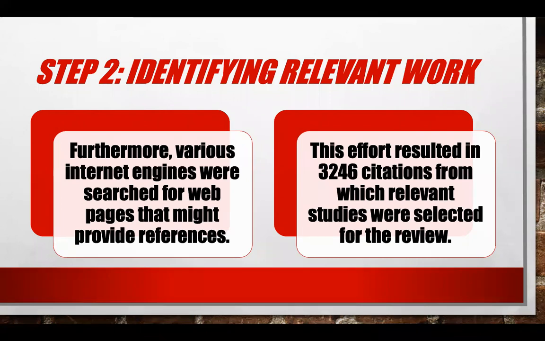This effort resulted in 3,246 citations from which relevant studies were selected for the review. So this is how you put the criteria of how you have identified the relevant work, what the total number of searchable items was if you know that, and what total number of citations resulted based on your criteria.